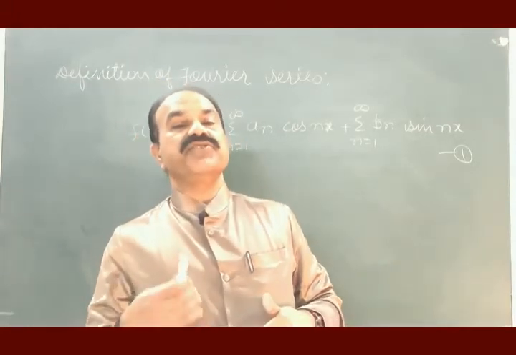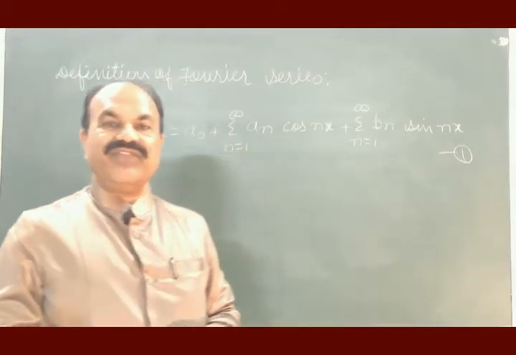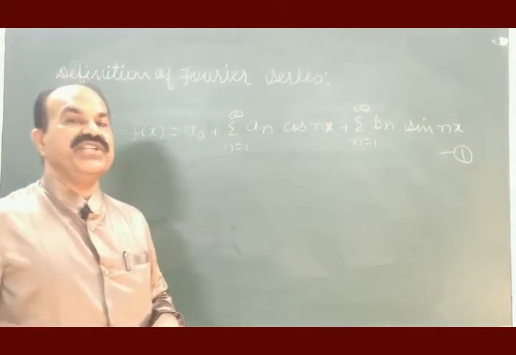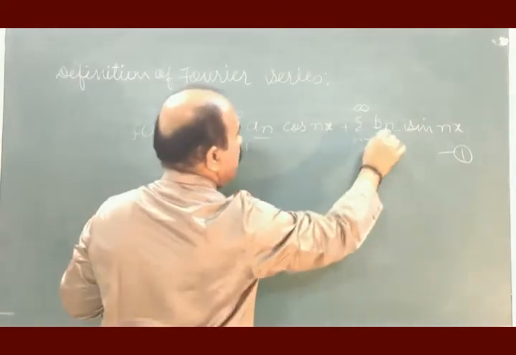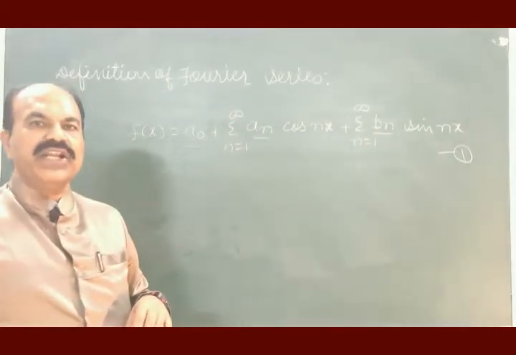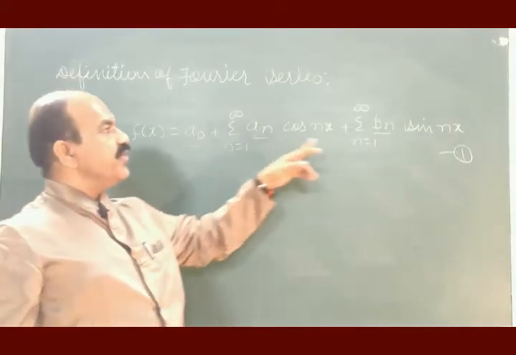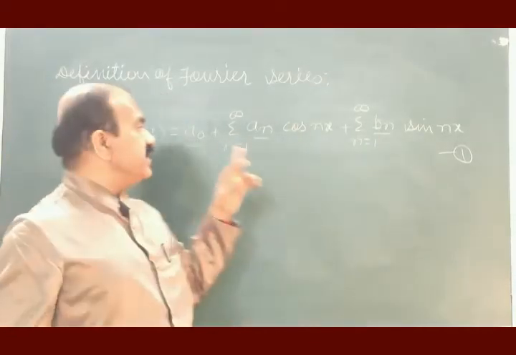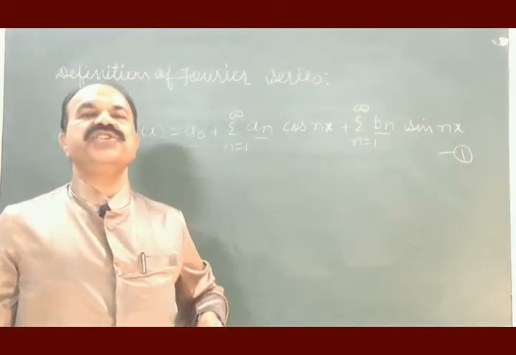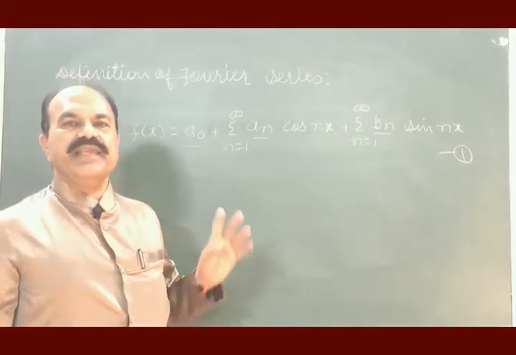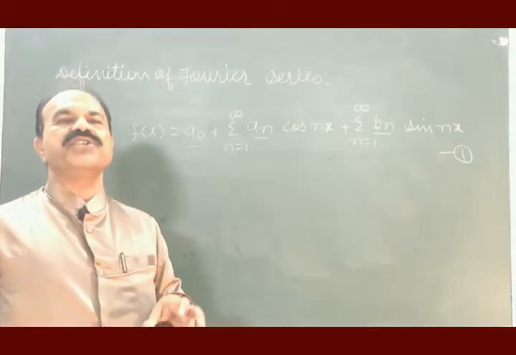Whenever you are given a certain function and asked to represent that function in the form of Fourier series, you are needed to find the values of a0, an, bn. These a0, an and bn are known as coefficients of Fourier series.